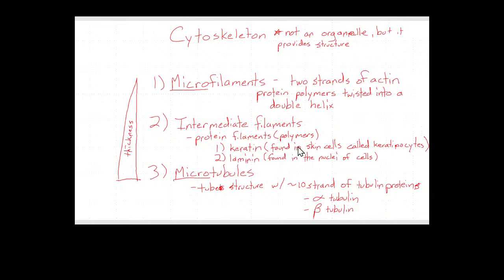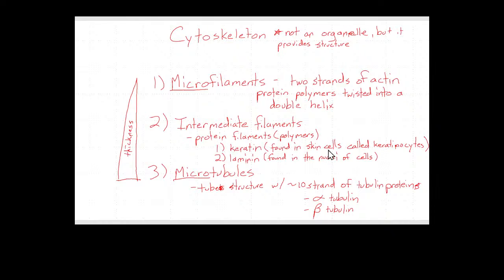Okay, intermediate filaments. We've got 2 types to talk about. So these are polymers again. All of these are polymers. And the first type to talk about is keratin. The keratin can be found in skin cells called keratinocytes, and keratinocytes, as they replicate under your skin, are going to form layers, and the layers will start dying the closer they are to the surface of your skin.